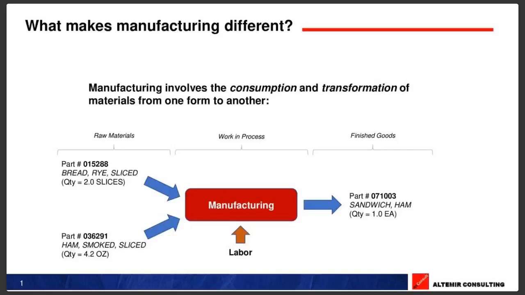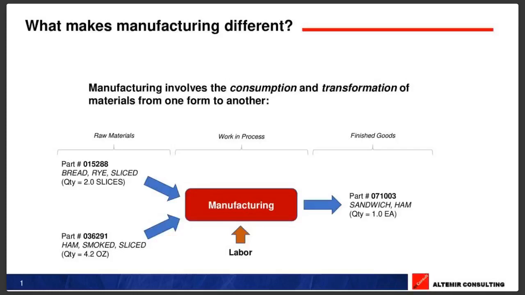The quantities, the unit of measure may also be completely different. So the consumption of raw materials that are then transformed into something else is a fundamentally different situation than retail, where you're simply buying an item and then turning it around and selling it to a customer.